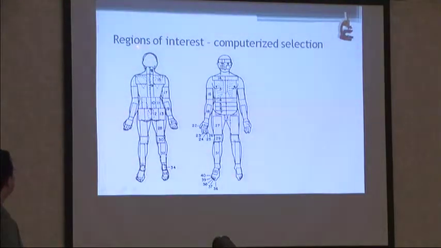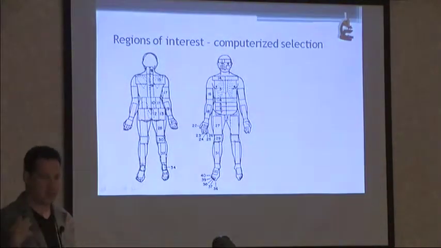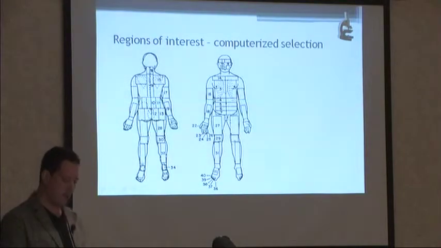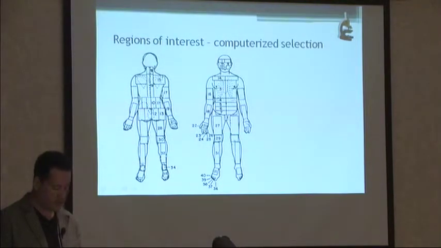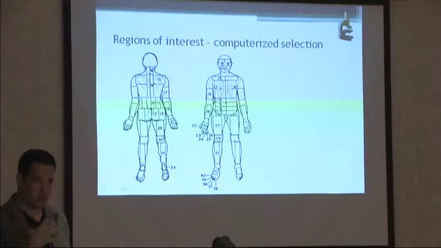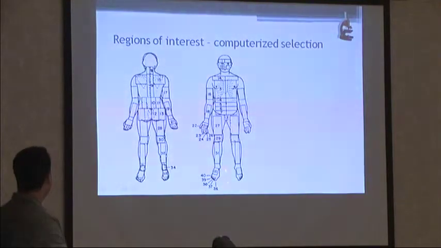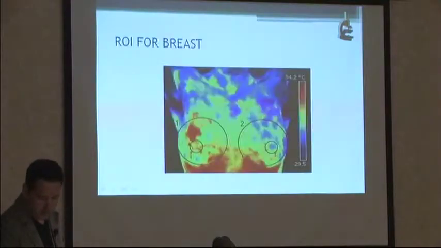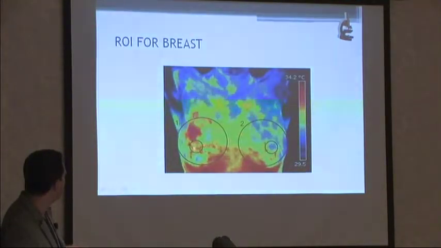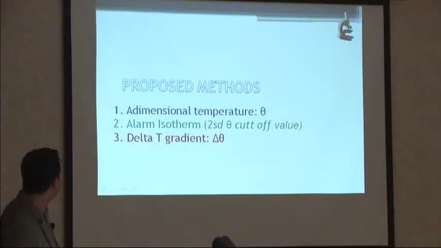So we studied the region of interest by computerized selection. These regions of interest are special because they represent the main dermatomes for S1, L5, etc. And also for the breast, we studied the total breast and areolar temperature.